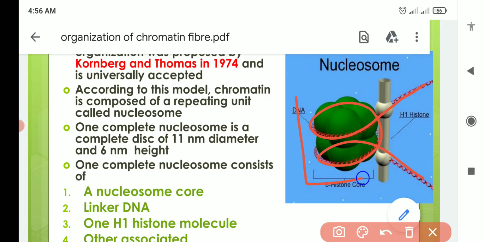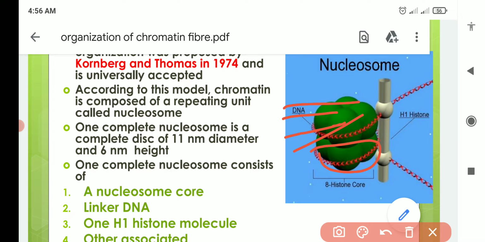Why is it known as histone octamer? Because it has 8 units of histone proteins, 4 above and 4 below, and together they form the octamer. Octa means 8. They form this 8 histone core, known as a nucleosome.